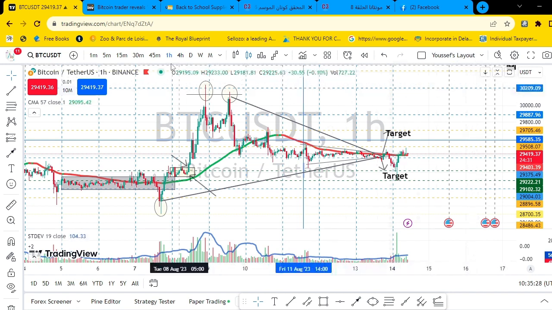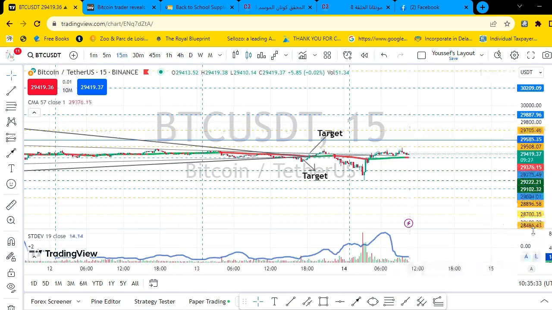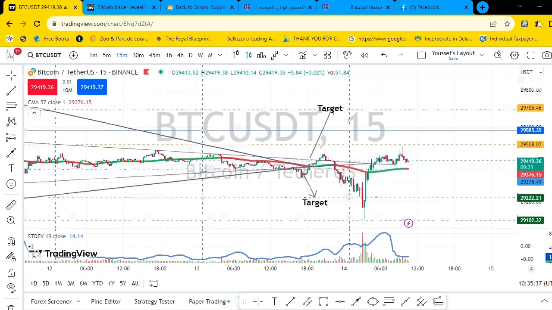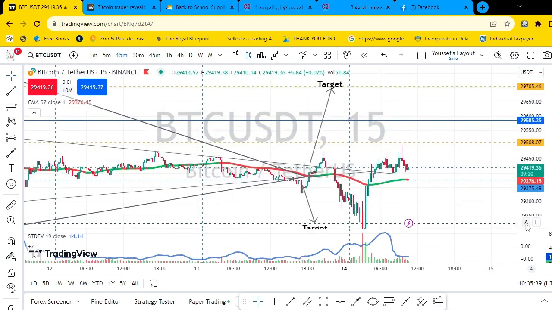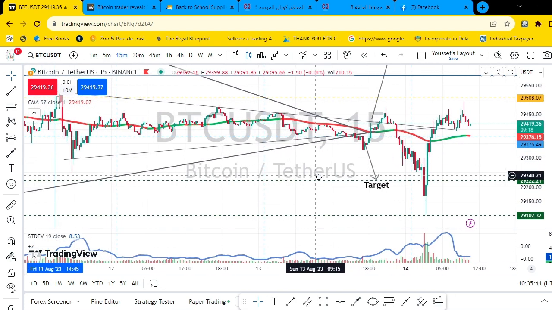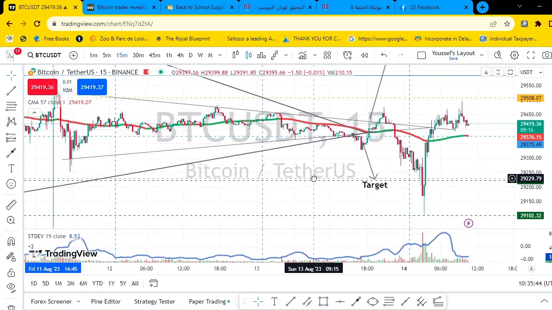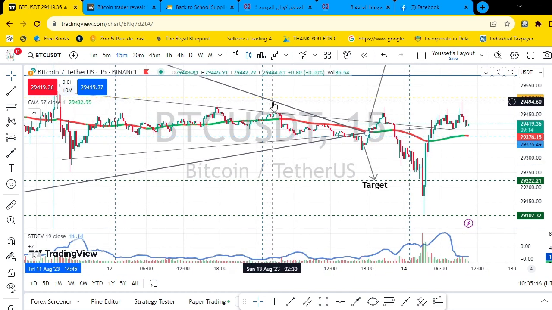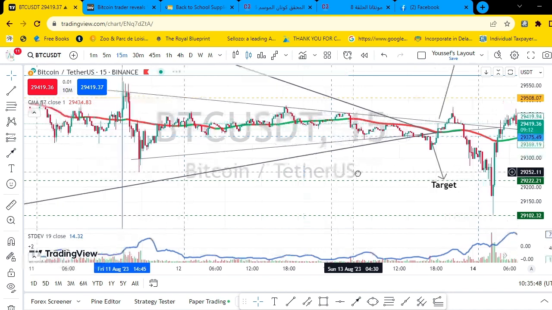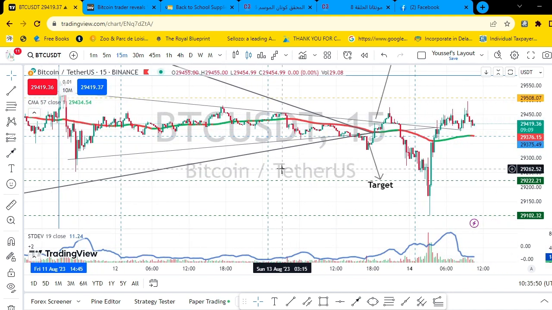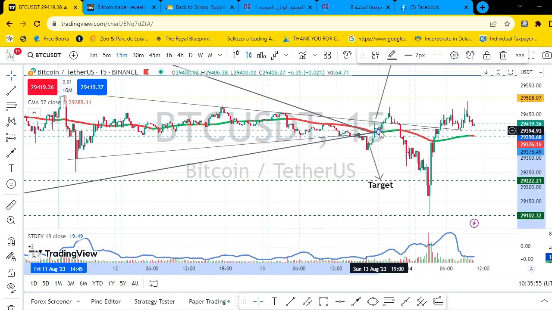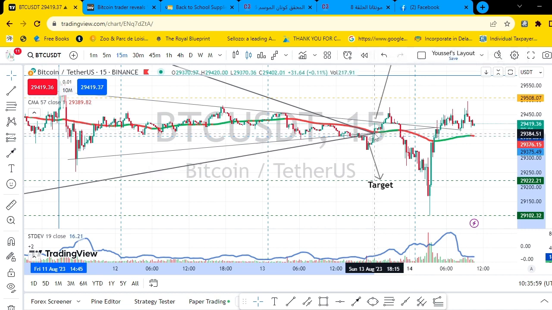If you can see here, when we go back to the 15 minutes, you can see that clearly. Here I go to the 15, and you can make some corrections if you would like to.